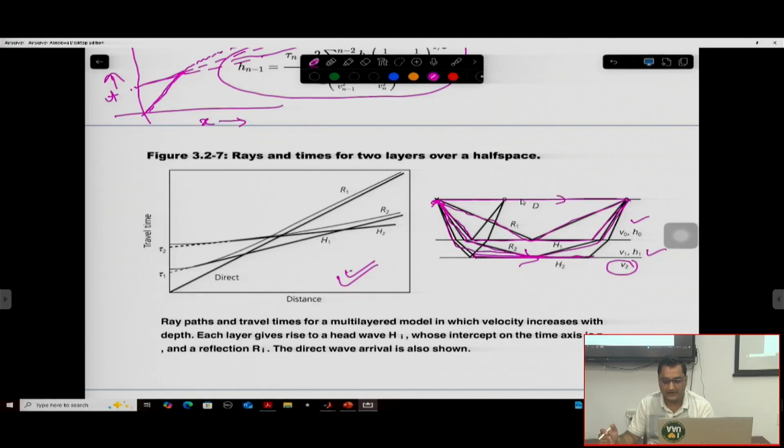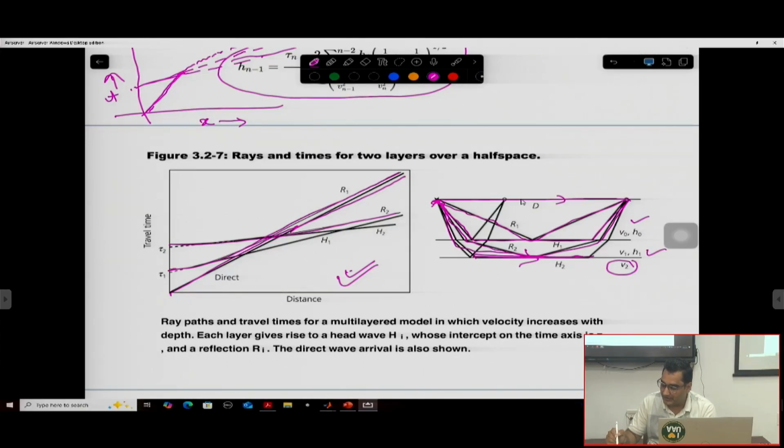In the travel time curve, what do you see? You will see two hyperbolas, because two reflections are happening. This is the first hyperbola, represented by R1, and there is another hyperbola, R2. You will also see a direct wave, traveling like this, touching the first hyperbola asymptotically.